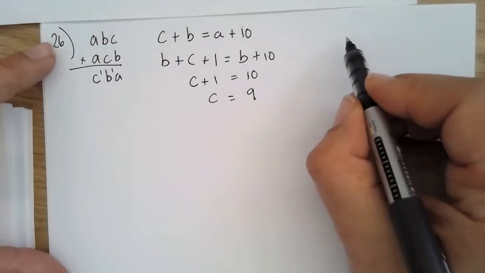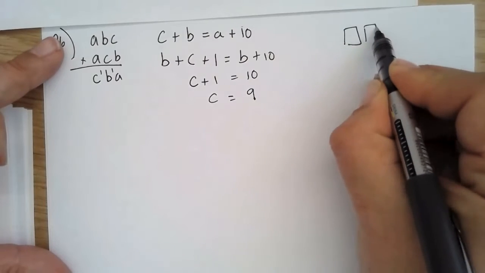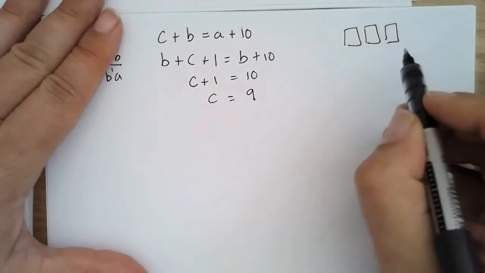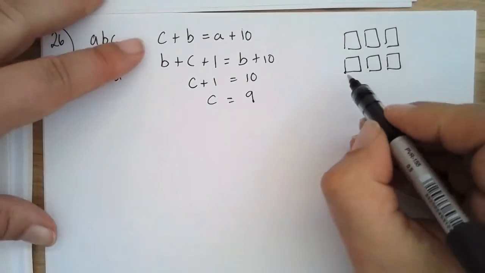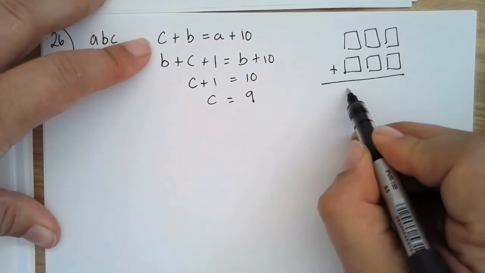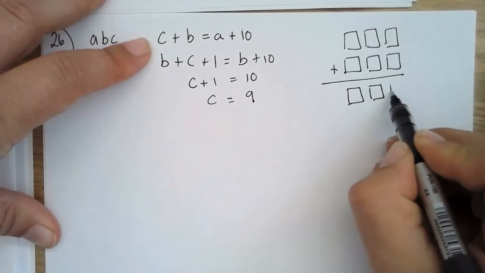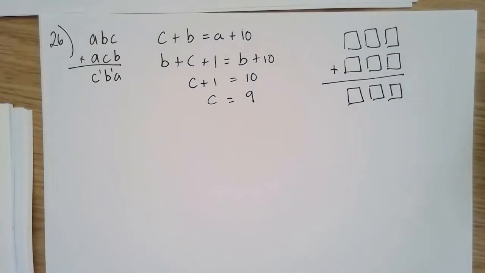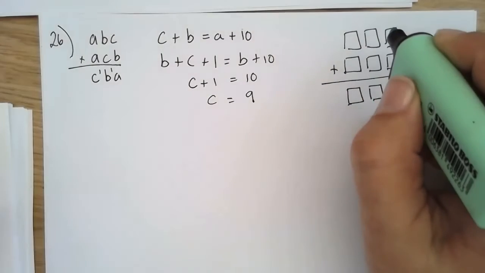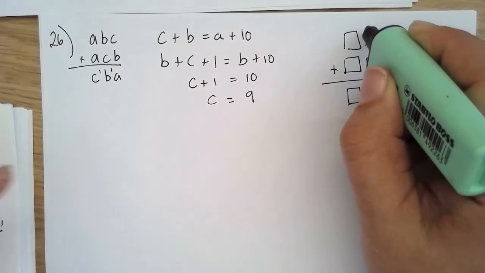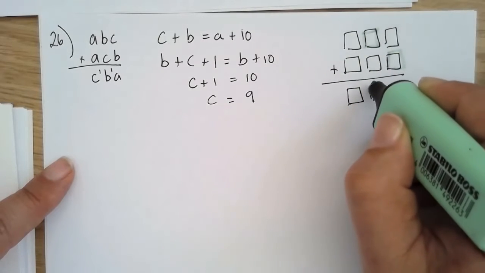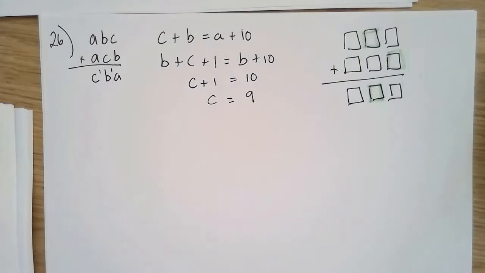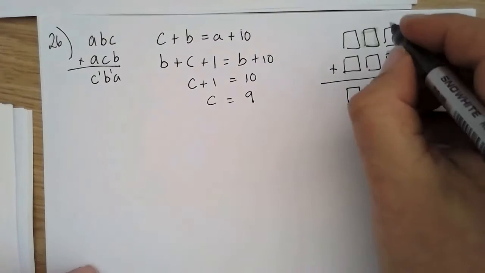So if we put it into our equation here, we've got 3 digits, which we are adding to 3 digits, and this one and this one need to be the same. We know that C is 9, so I'm going to put that straight in.